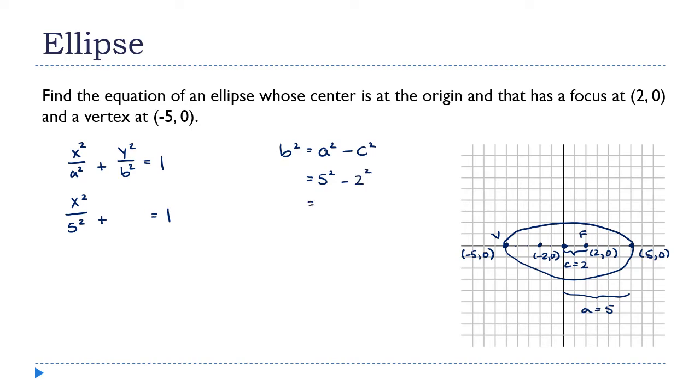That's 25 minus 4, so b squared is 21. And stop right there. You don't have to take the square root to solve for b, because our equation has b squared in it. So this is going to be y squared over 21. Let's make the 5 squared 25. And that's it. That's the equation of my ellipse.